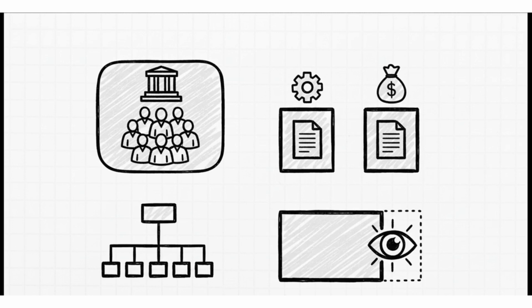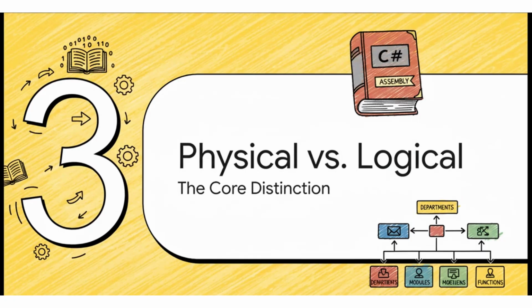It avoids naming conflicts. This is how you can have a class called Employee in your HR namespace and another completely different Employee class over in Payroll with zero confusion. It has a hierarchical structure, so you can do cool things like MyCompany.Finance.Billing, and it controls visibility, letting you decide what's public for everyone to use versus what's internal just for that department.